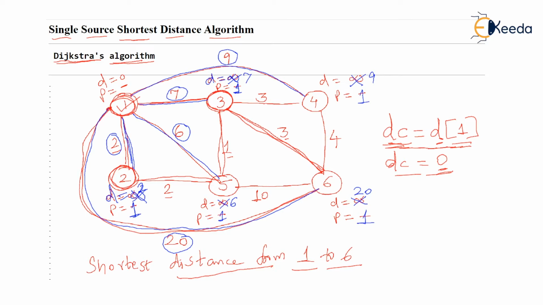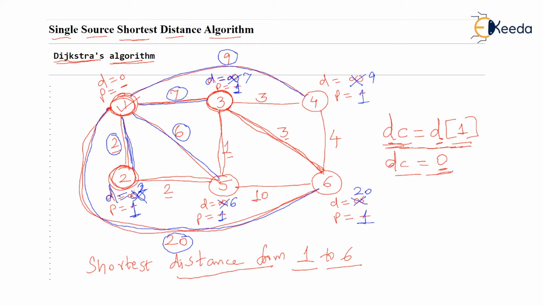Now let's see what's really going to happen. After processing the first vertex, we will keep one thing in our mind. After processing the first vertex, we say the first vertex is out. That means the first vertex will not play a role in any process. Remember this. You should never go to the first vertex.